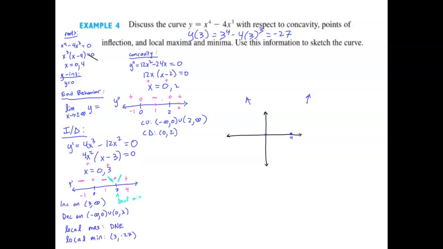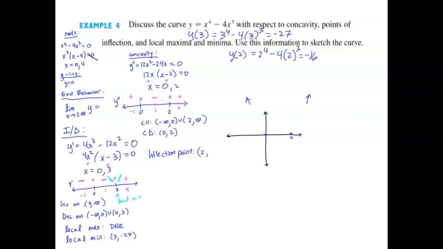So there's a change in concavity at 2, which means there must be an inflection point at 2. I'm just going to plug 2 into my original function to get that inflection point. So y of 2 is 2 to the 4th minus 4 times 2 cubed, which is negative 16.